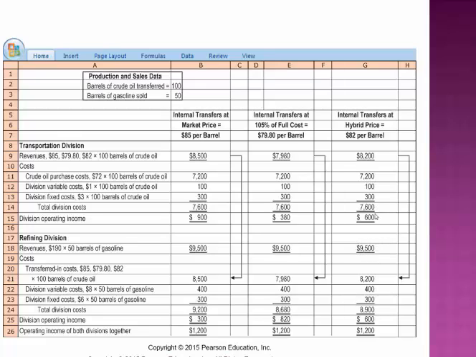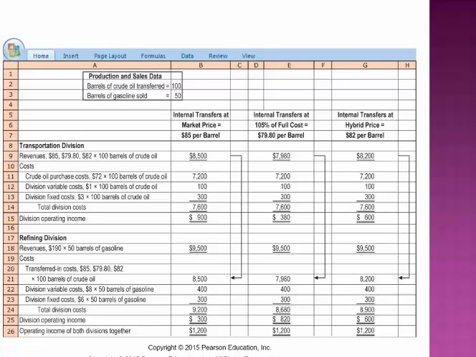Absolutely. Again, $600 is the other half of that $1,200. Take that and add it to the division cost to give me a revenue dollars of $8,200. And basically what was done is $8,200 was divided by 100 barrels in order to get a transfer price of $82 per barrel. In essence, what we're doing here is we're keeping the total operating income the same.